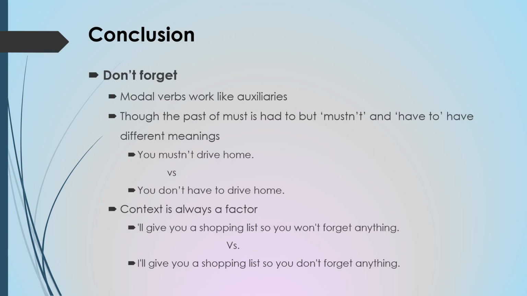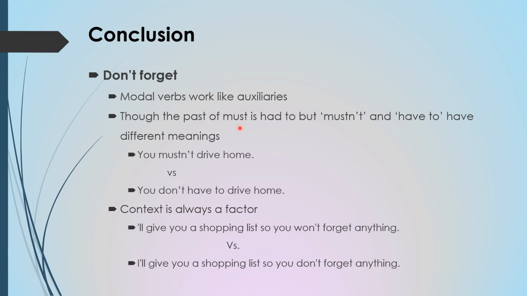Okay, now here we are at the very end. We are here for the conclusion. So lots of the issues you need to take care, you need to consider. So don't forget, modal verbs work like auxiliaries. So they are helping the main verbs. So they are the auxiliaries, so that's why they are the auxiliaries.